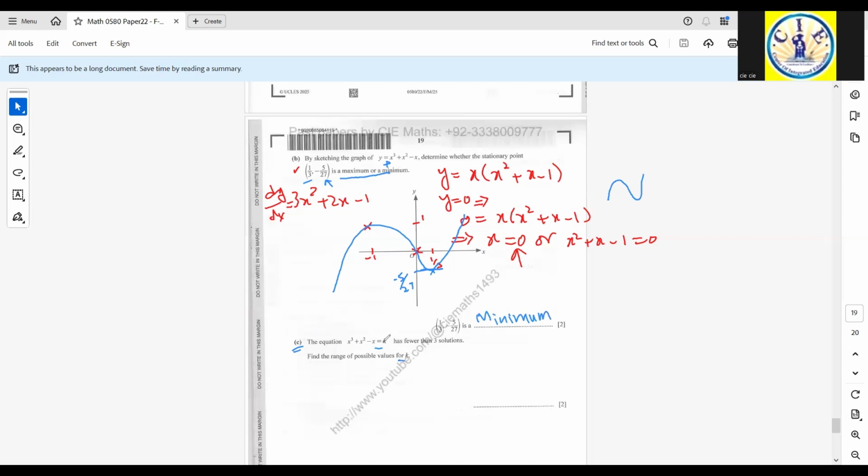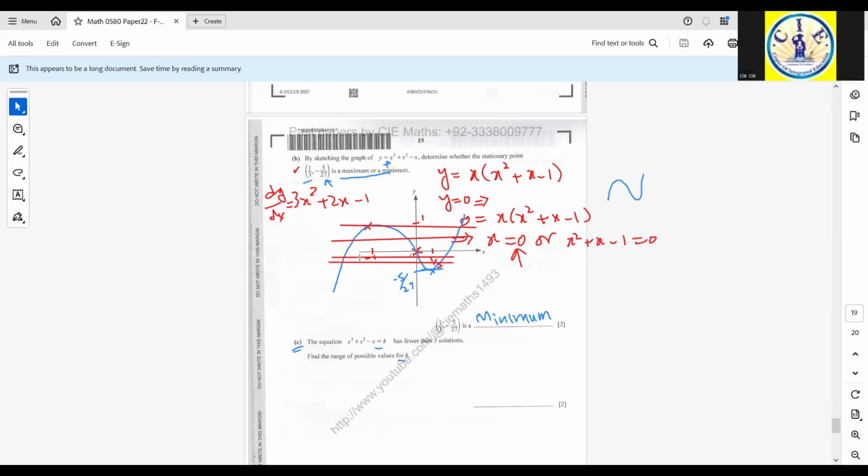For that, what I need to do is see where this graph is going to be intersected by a horizontal line fewer than 3 times. If I draw the line in this range, you see the horizontal lines are intersecting the graph at 3 points.